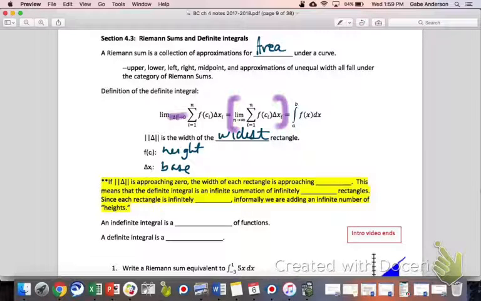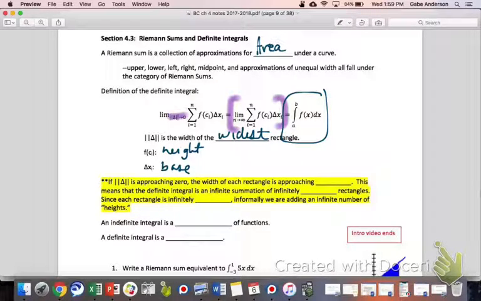Infinity, approaching infinity. And so you can still see that the sigma is the same, the area formula inside the sigma is the same. So it's basically looking at the coin from 2 different sides. Do we want the number of rectangles to go towards infinity, or do we want the width of the widest one to go towards 0? It's really saying the same thing, just in a different way. Both of them are equal to what we call the definite integral, which is this over here. And this is, of course, what we'll use far more often than not, way easier, right? It's the easy button for sure.